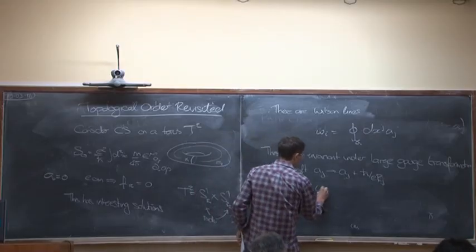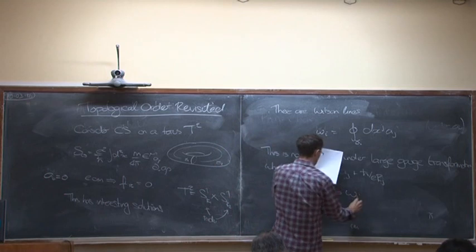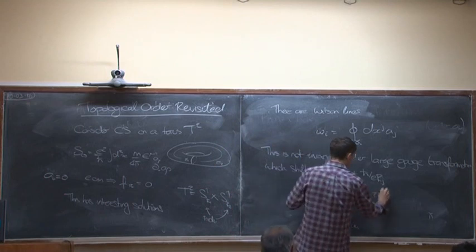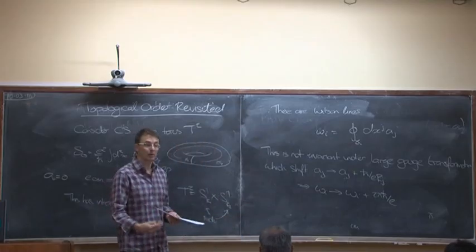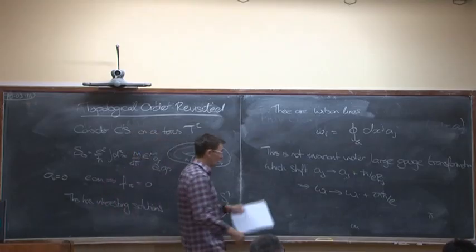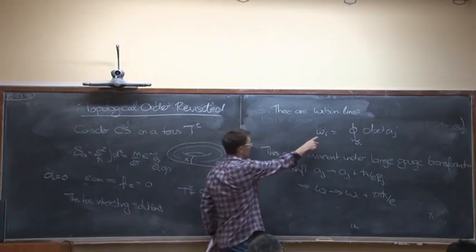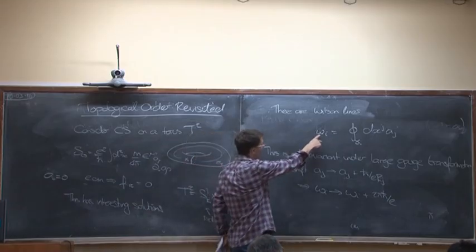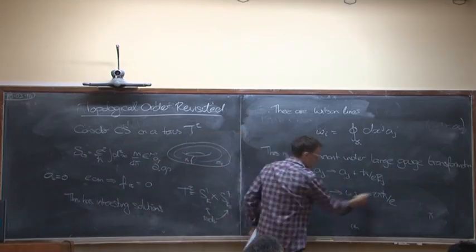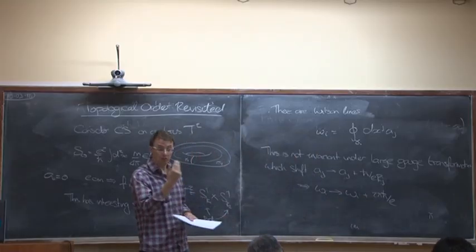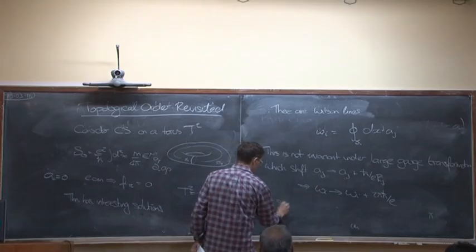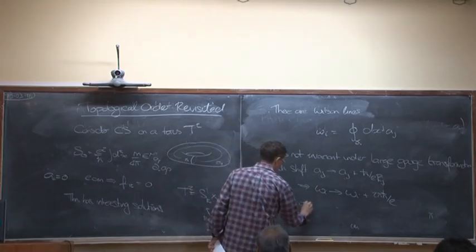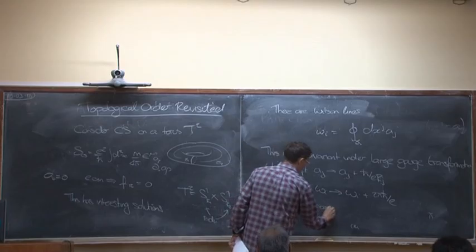So these Wilson lines get shifted by this constant. So the solutions are parameterized by little w's up to this shift. So the way to parameterize them with a single valued gauge invariant way is just to exponentiate.